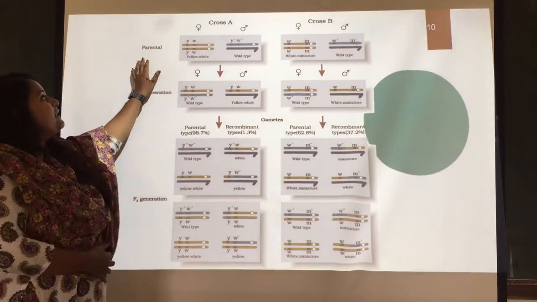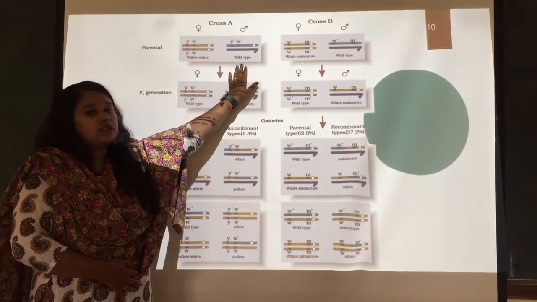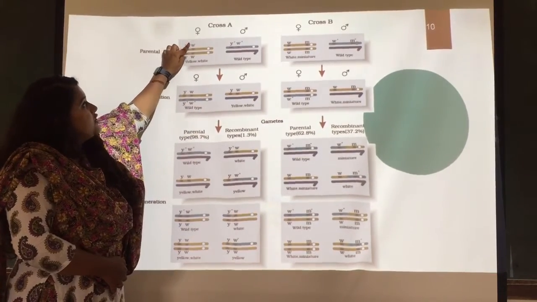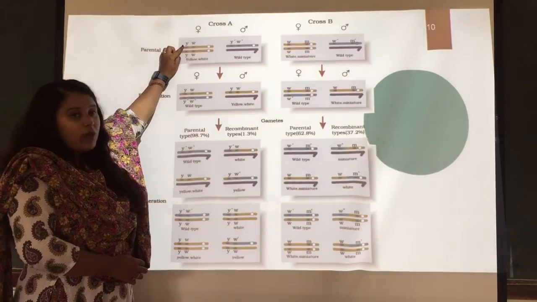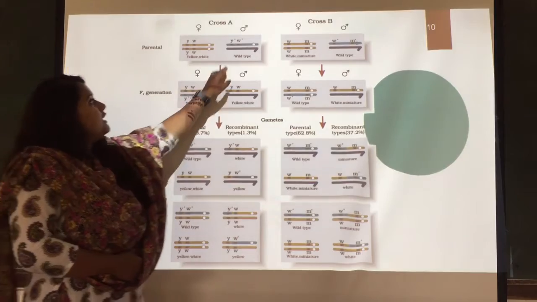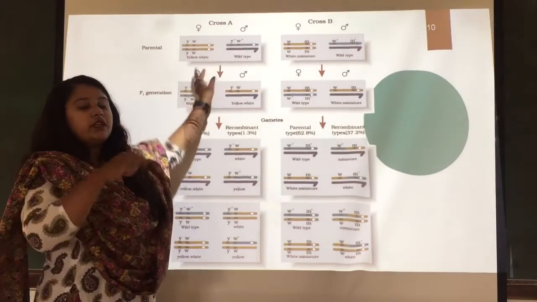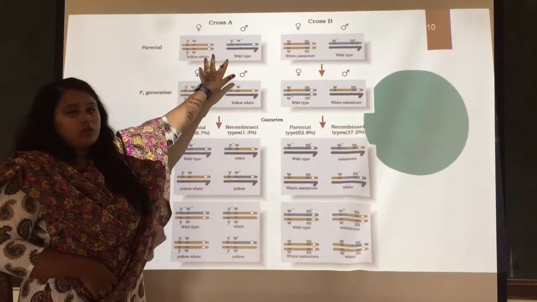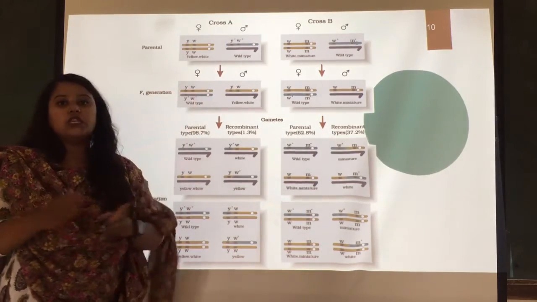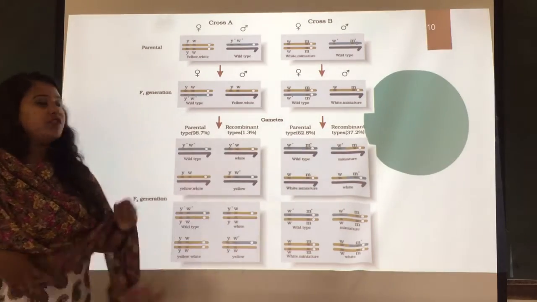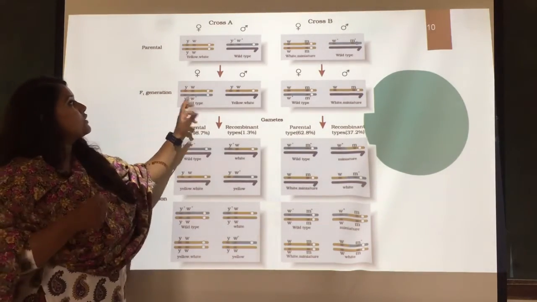So here the parents are yellow white, and here this is the wild type, right? The gene for yellow is small y, and for white it is small w, right? The wild type again has those 2 genes, but they are dominant over the recessive ones. Now when these 2 gametes merge with each other, they form the F1 generation, and in the F1 generation what they got is a mixture of this.